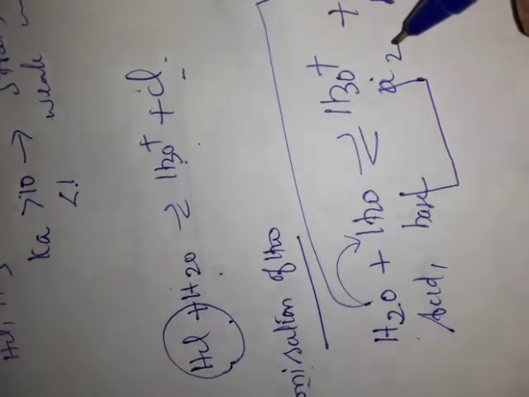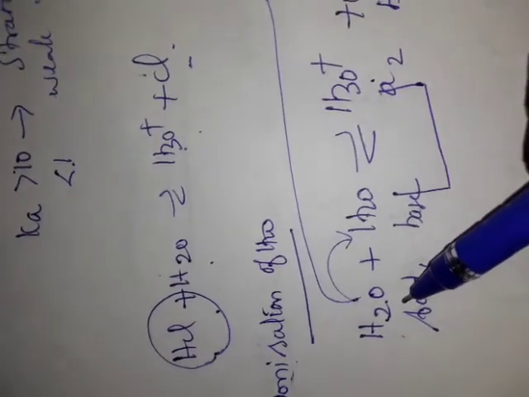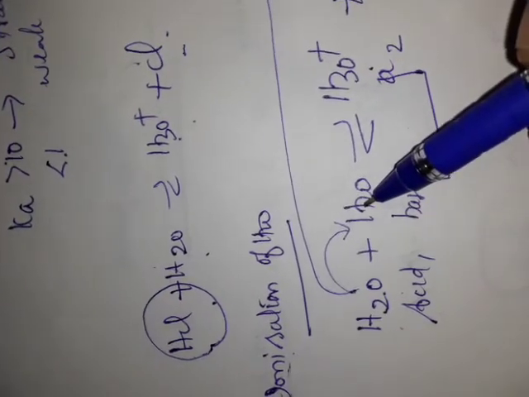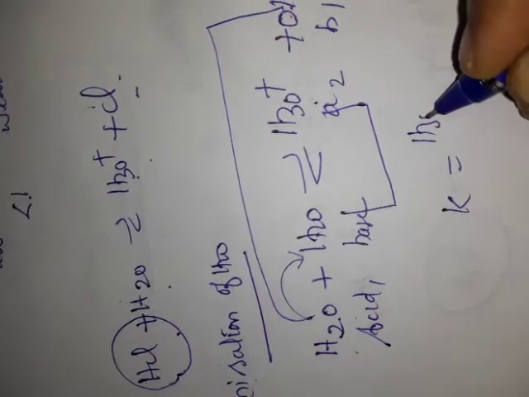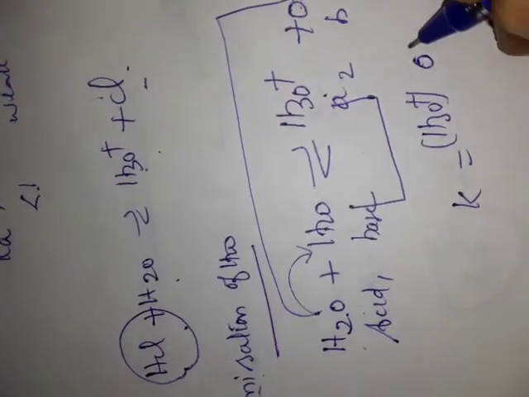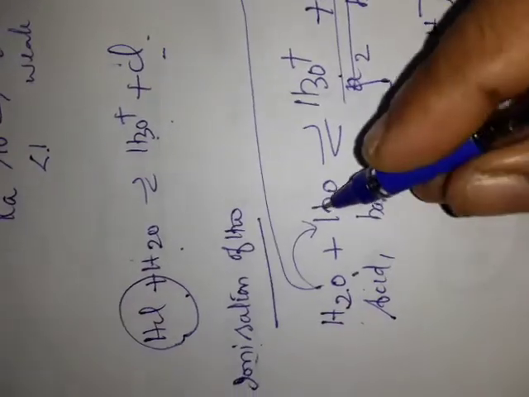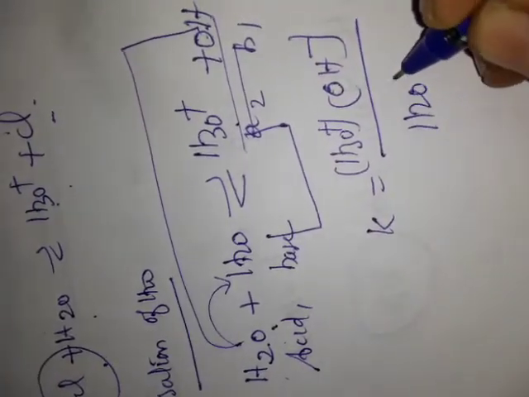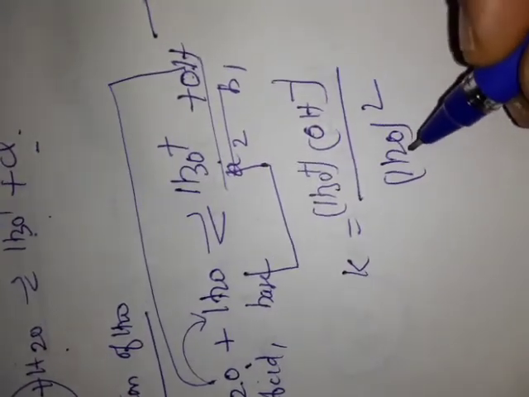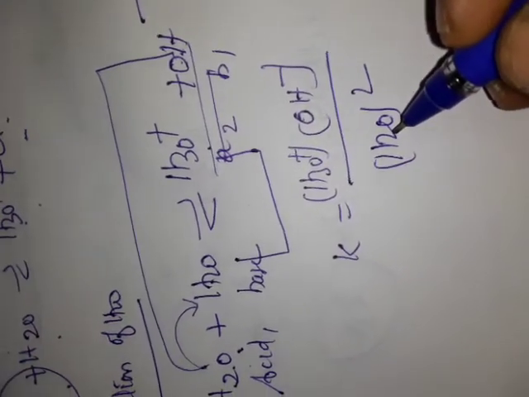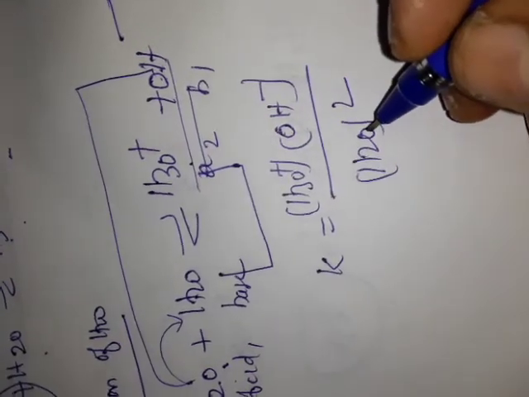In the above ionization, one water molecule acts as an acid while the other acts as a base. So the dissociation constant K is equal to H3O+ concentration times OH- concentration divided by H2O concentration squared. Since the concentration of pure liquid water is very large, its value is considered to be 1.